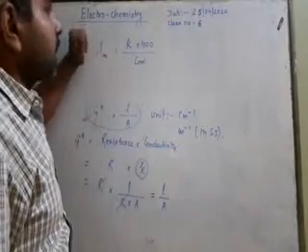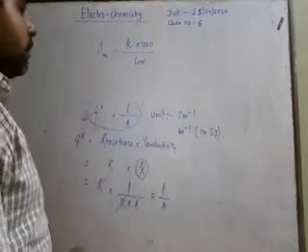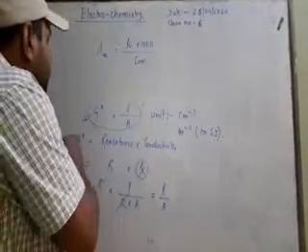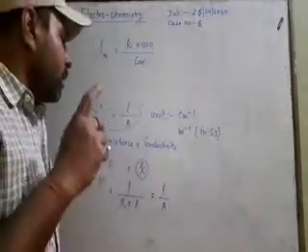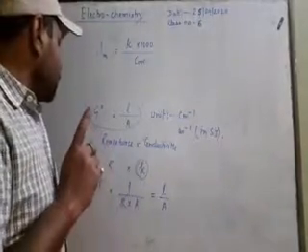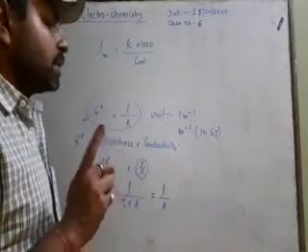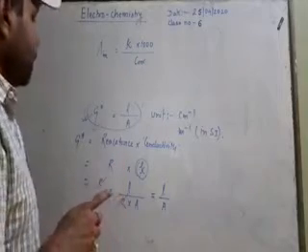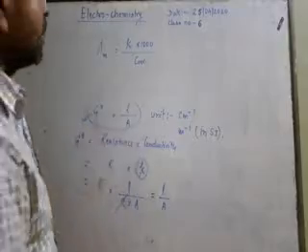Now students, if resistance and conductivity are given, then you calculate the cell constant, which is a question of the exercise. I don't know which number this question is, but there is one question in your exercise in which cell constant is calculated by resistance into conductivity. Okay students, now today's class is finished.